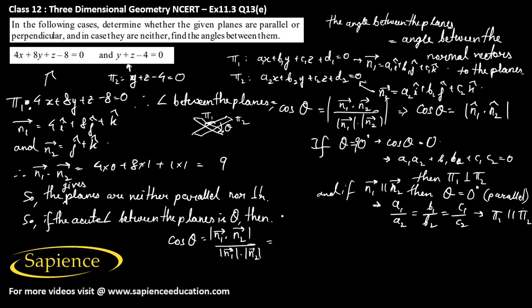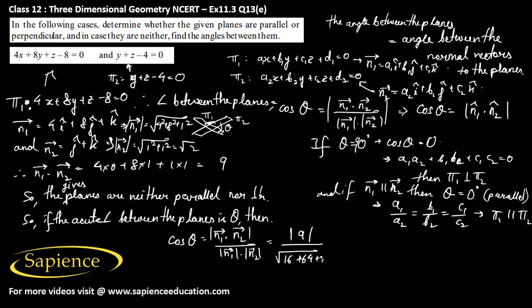So n1 dot n2 we got as 9, so it is mod 9 divided by, now from here we can find mod of n1, that will be equal to square root of 4 square plus 8 square plus 1 square, and mod of n2 is square root of 1 square plus 1 square, that is obviously root 2 units. So this will be square root of 16 plus 64 plus 1, times root 2.